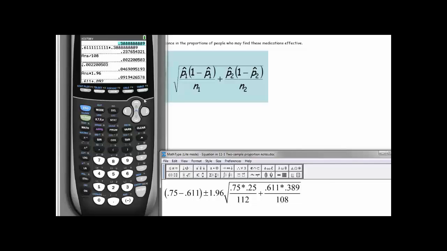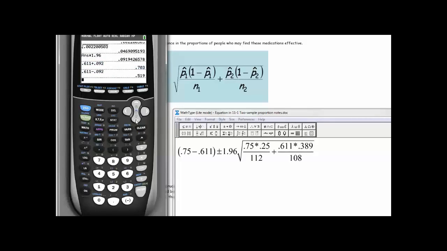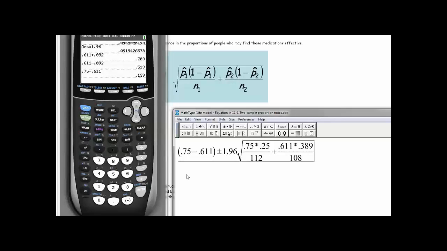Okay, so let me go back down. This is what we want to type in our calculator and actually get a confidence level. So 0.75 minus 0.611 is 0.139 plus or minus, and then this we're going to take a second to figure out here.